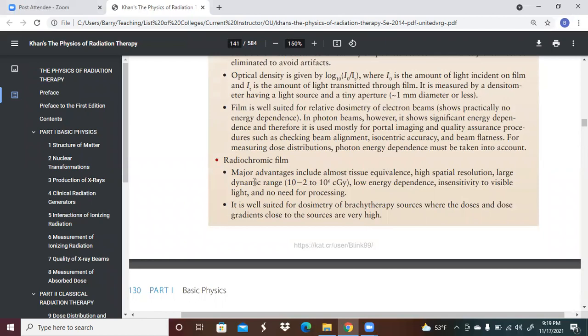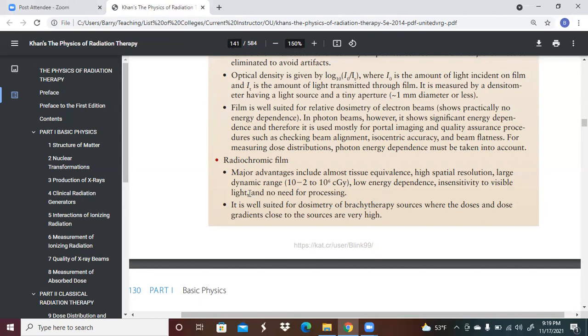Radiochromic film has major advantages, which include almost tissue equivalence, high spatial resolution, and large dynamic range. In other words, 10, I think that's supposed to be, I'm not exactly sure what that is, but I don't know if it's 10 to the -2 or 10 to the 6th. But anyway, there's a wide range of energies for which you can use it. There's low energy dependence.